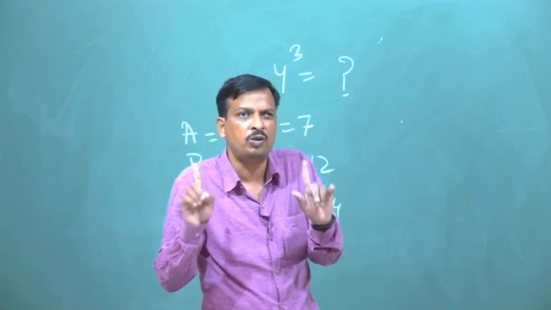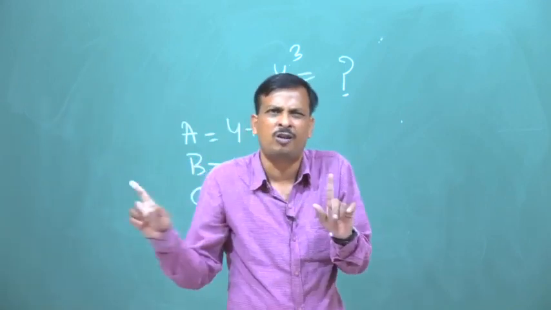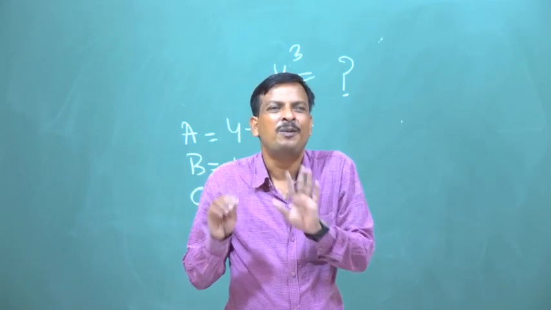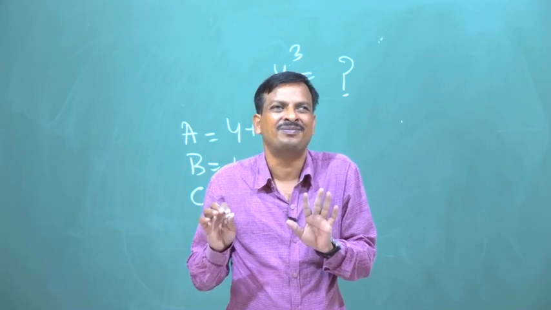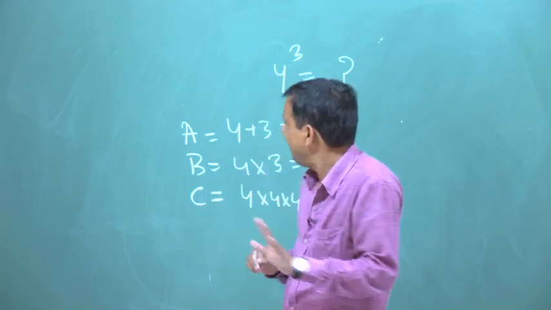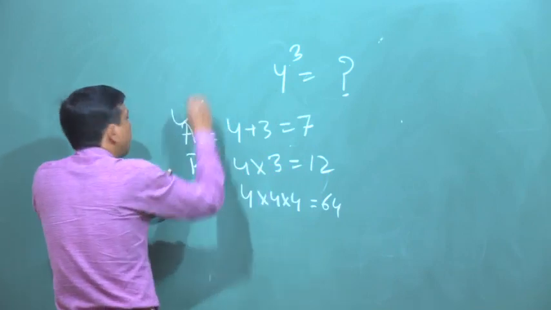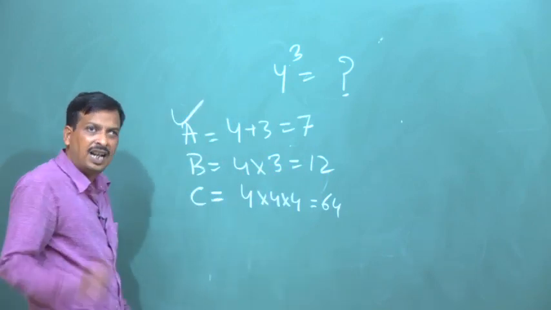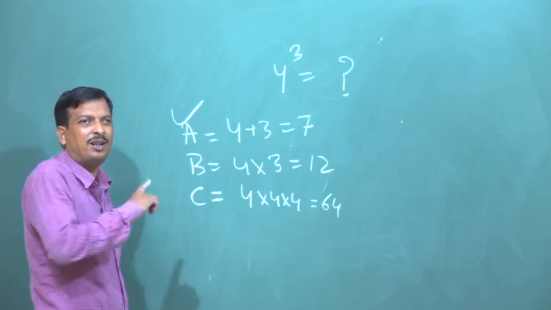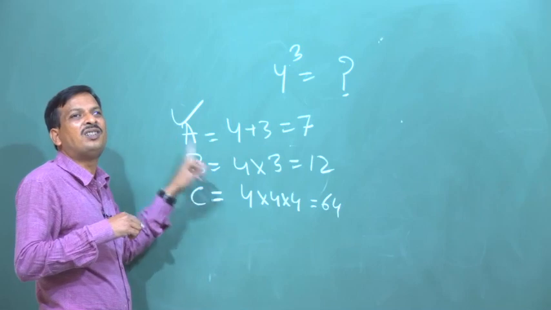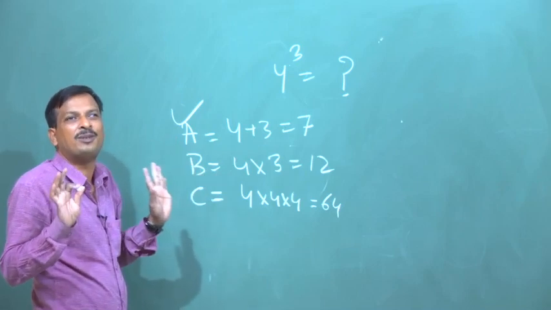I have only 3 choices, no 'all of the above', no 'none of these'. I will come to how to design a multiple choice question. This is an example. I am not saying that it is a BTech question. It is an example of how to design diagnostic test based assessment.